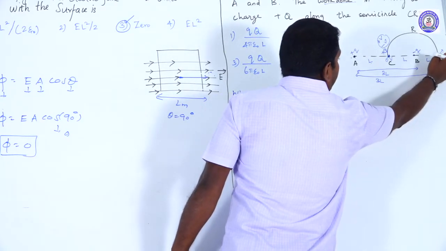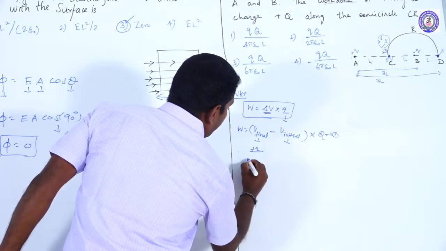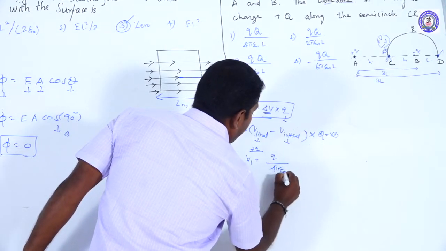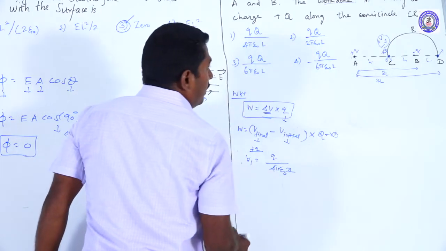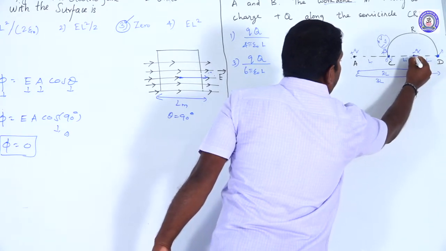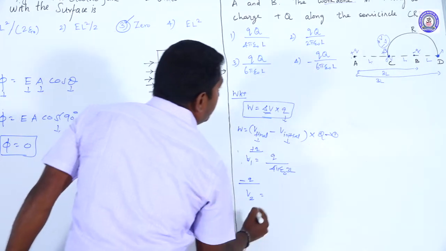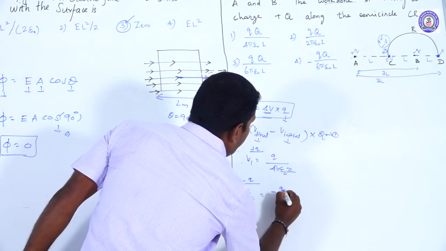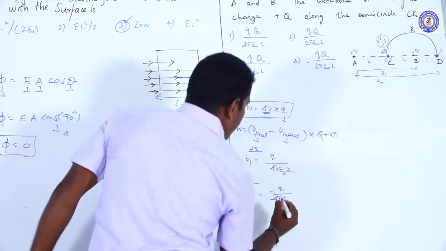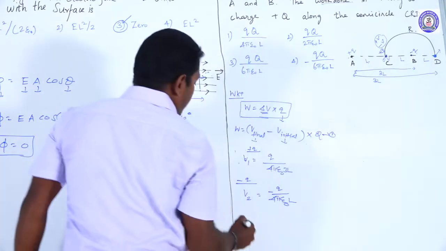So the electric potential at point D due to the positive charge, V1, is equal to Q divided by 4 pi epsilon naught times 3L. The electric potential at point D due to the negative charge minus Q placed at point B, V2, is equal to minus Q divided by 4 pi epsilon naught L, since the distance of point D from the minus Q charge is L. So what is the total electric potential at point D due to both charges?